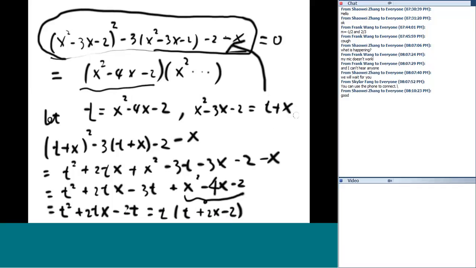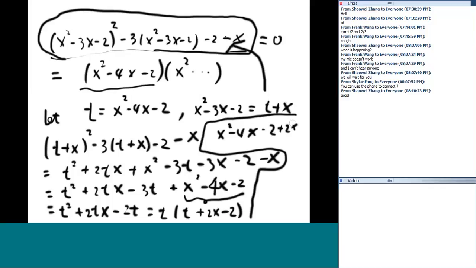So the two factors: one is t, another one is x squared minus 4x minus 2 plus 2x minus 2, which becomes x squared minus 2x minus 4.